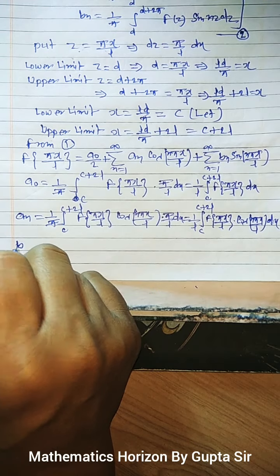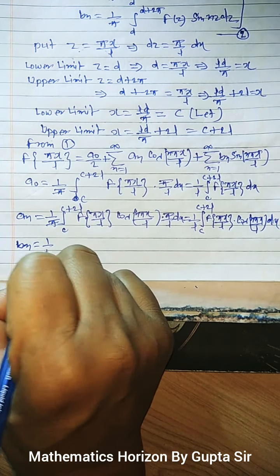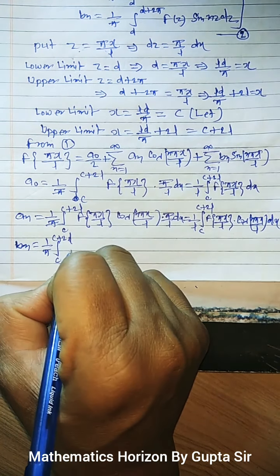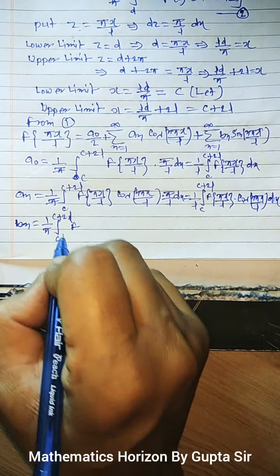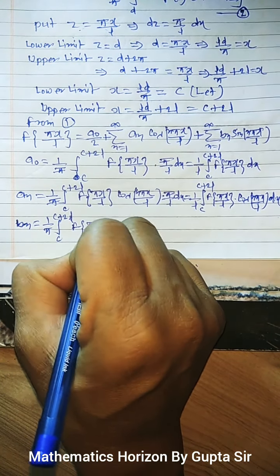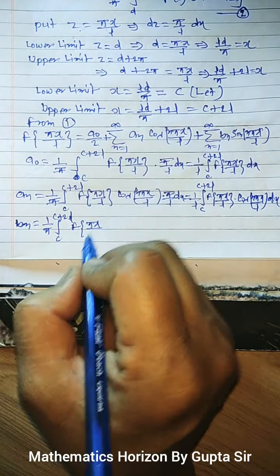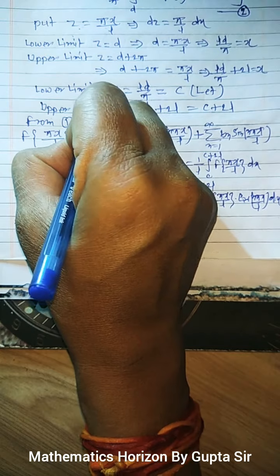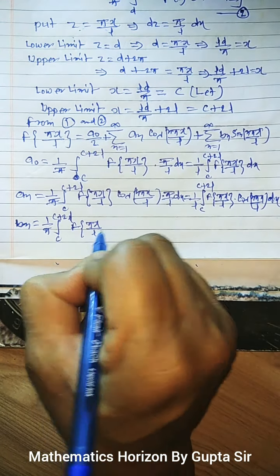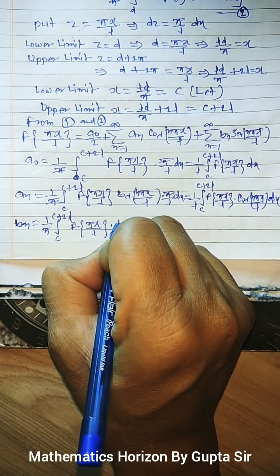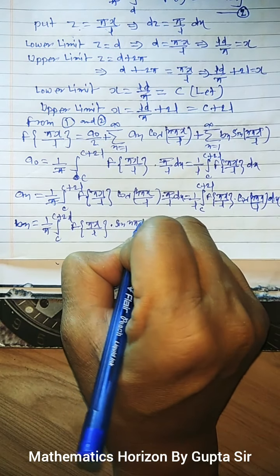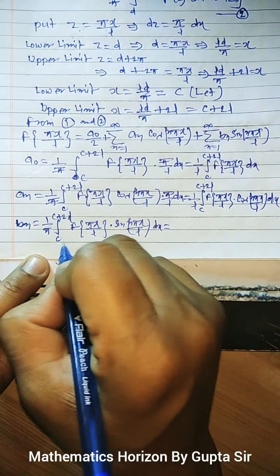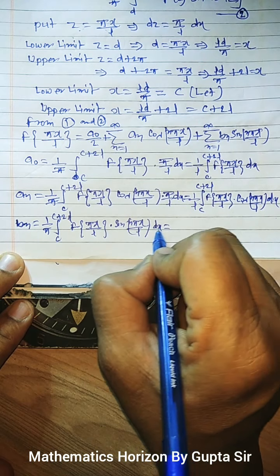Now what is bn? Bn is 1 upon pi integral from c to c plus 2L of f(z), means here we put z equal to pi x upon L from 1 and 2. This is f(pi x upon L), and here we have sin n pi x upon L dx. What is dx?